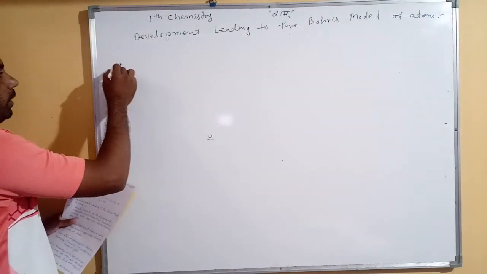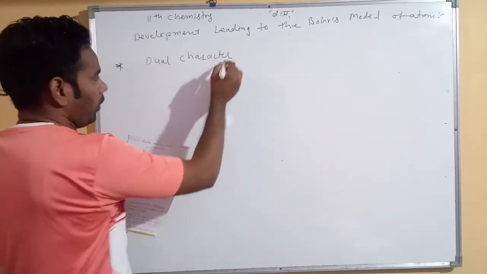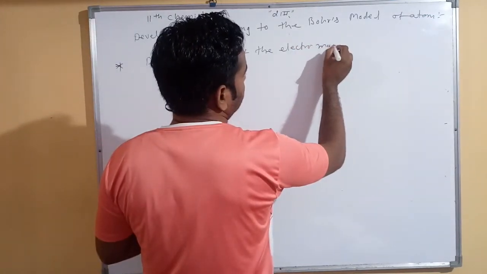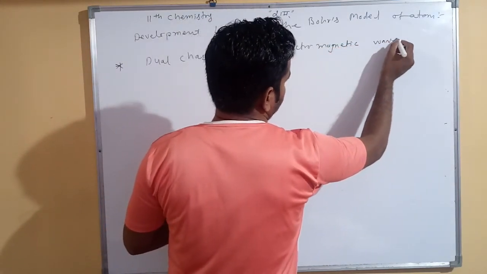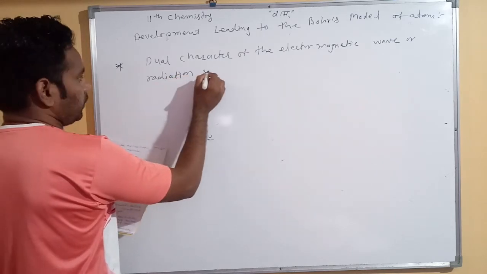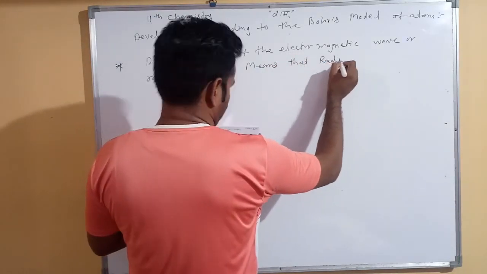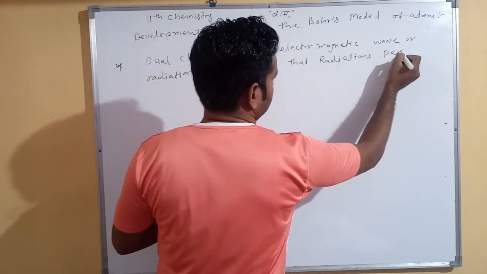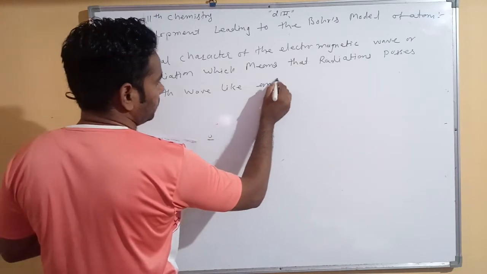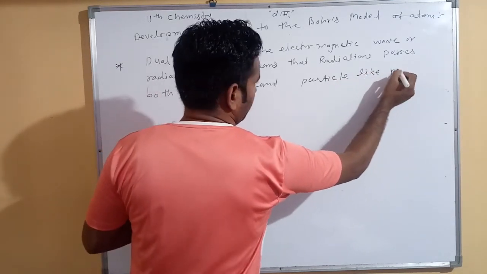We have 2 points in this model. The first is the dual character of electromagnetic waves or radiation, which means that radiation possesses both wave-like and particle-like properties.